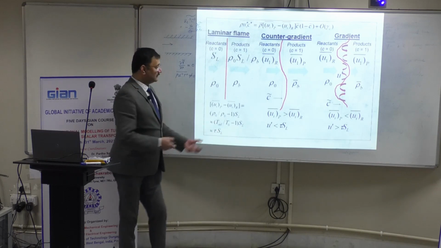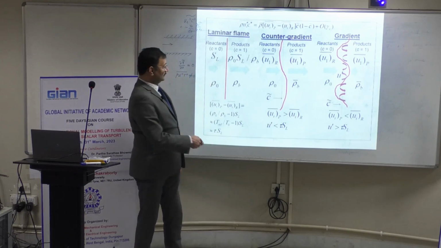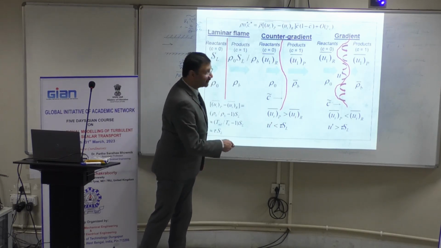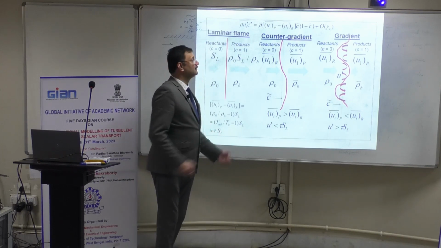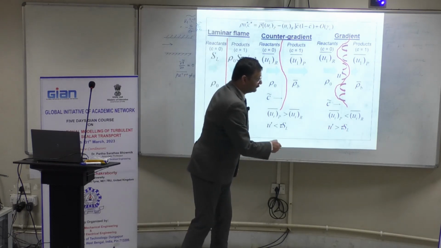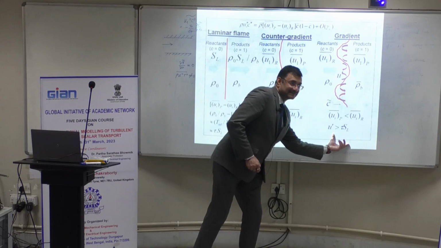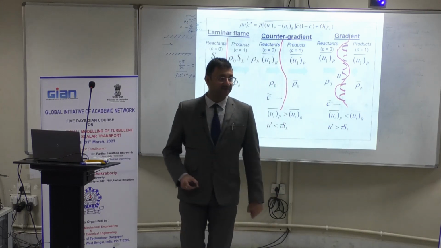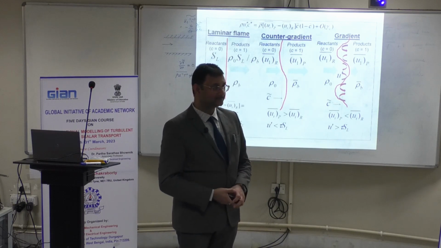If your turbulence intensity is much smaller than tau SL, this velocity jump, you get counter gradient transport. If u prime turbulence effects dominate over this velocity jump because of chemical reaction, then you get gradient transport.